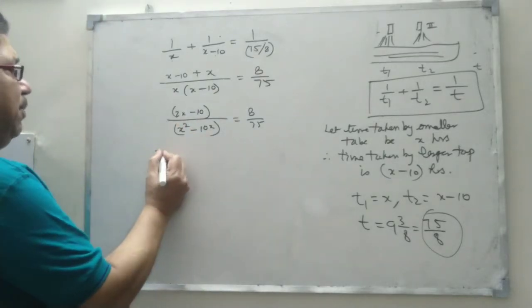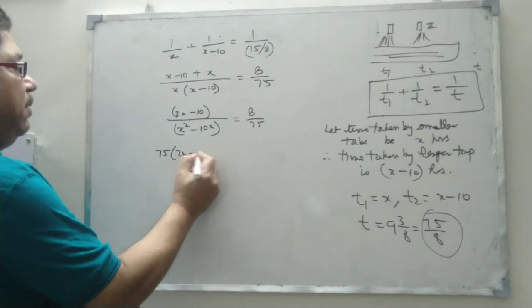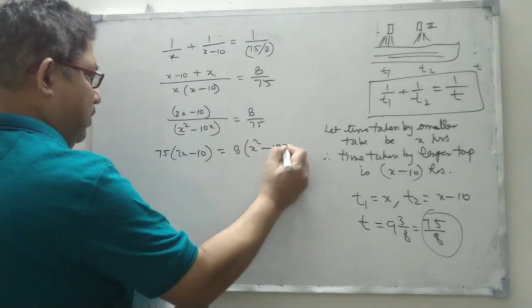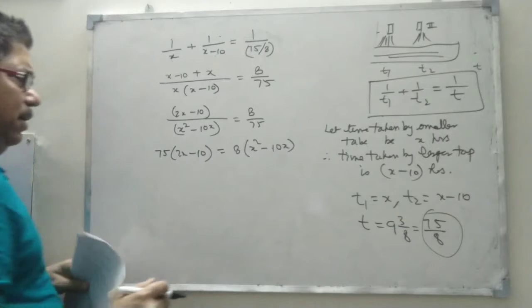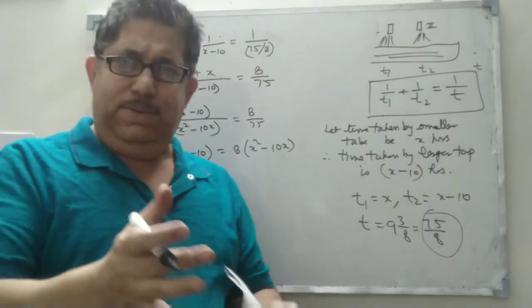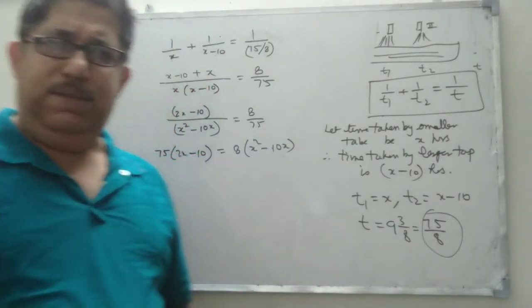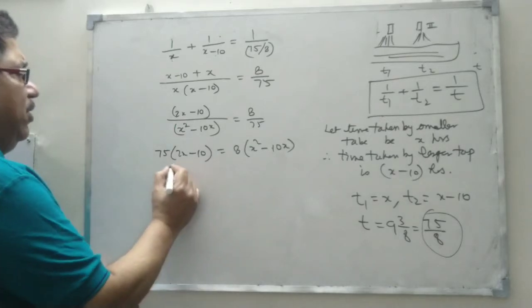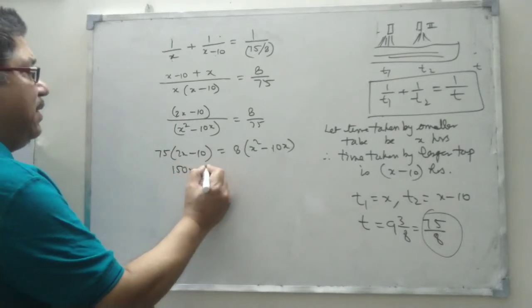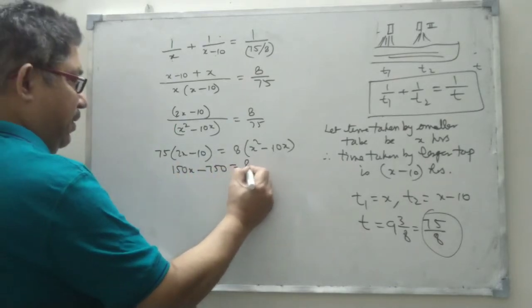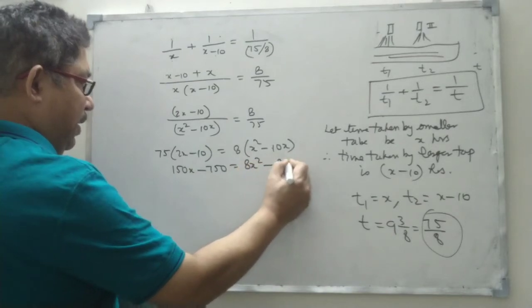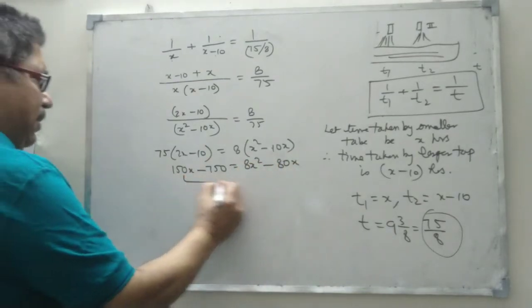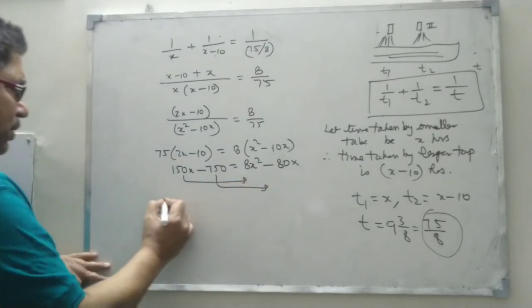75 cross multiply 8 into x square minus 10x. Don't ever get scared by what big equation is coming. It may come big or small, it doesn't matter. 75 into 2, 150x, minus 750, 8x square, 80x. So let me take this also on the other side and this also on the other side.